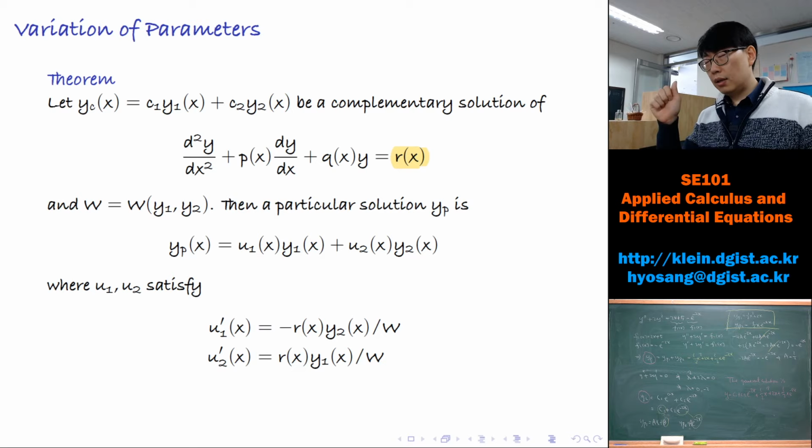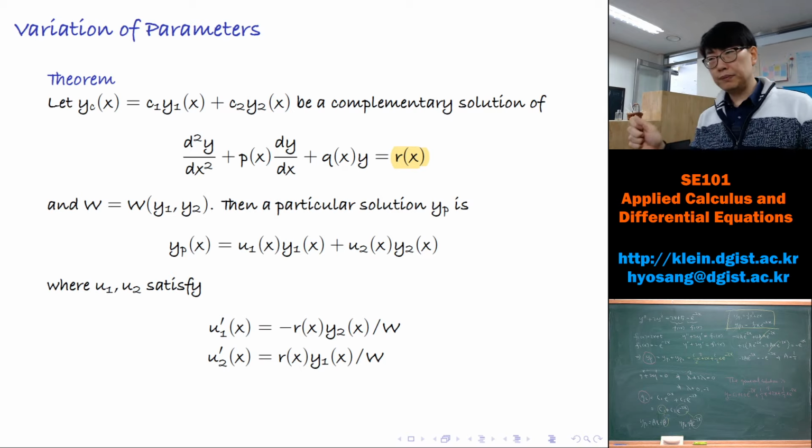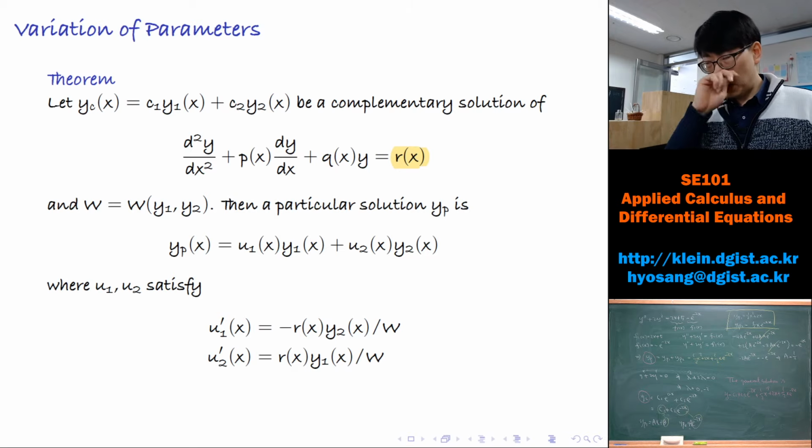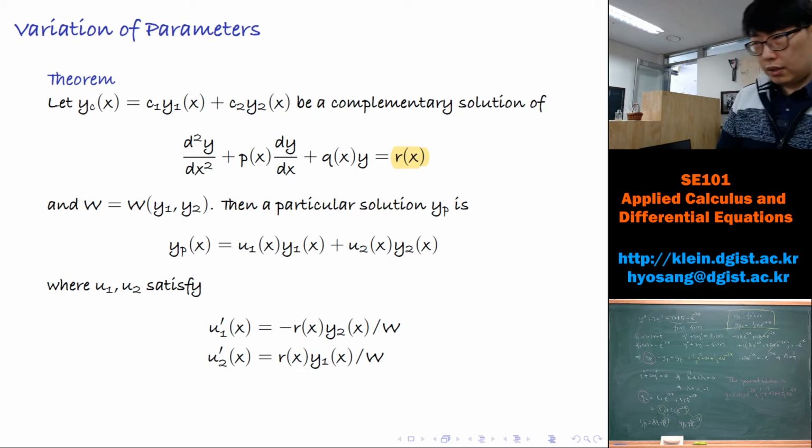If the Wronskian is non-zero, then y1, y2 are linearly independent, so that we can use those functions as fundamental solutions. So in the assumption that a linear combination of y1, y2 is the complementary solution, y1, y2 are assumed to be linearly independent functions.